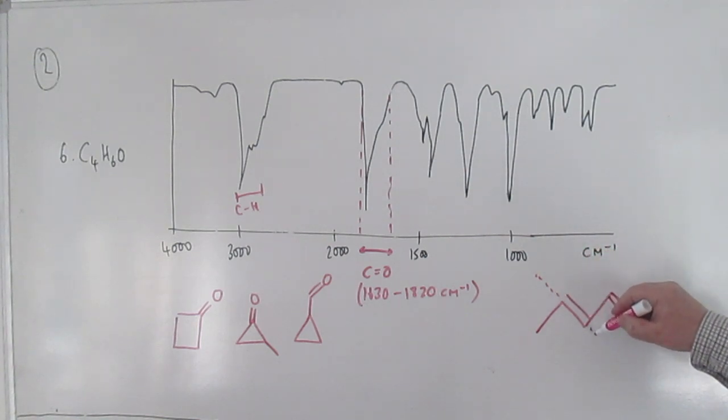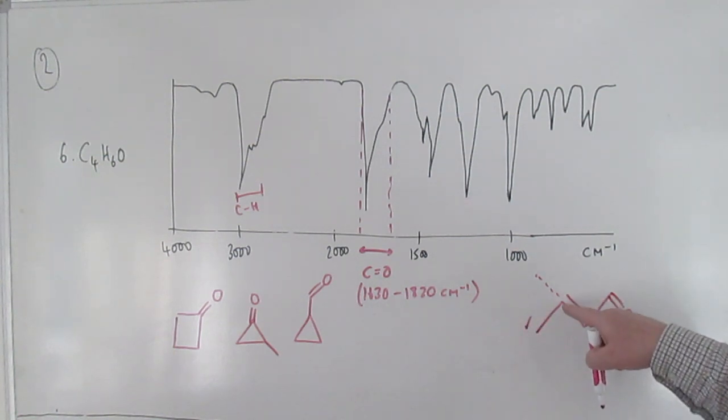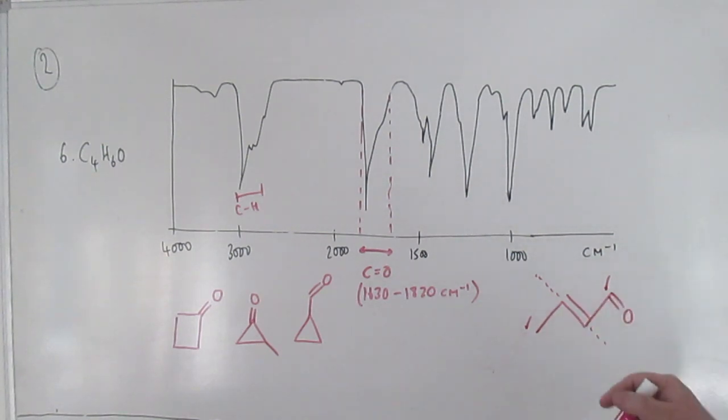And if you run down there, the priority group is the one with the bigger atomic number of the attached atom, so that's going to be there because carbon beats hydrogen, and there because carbon beats hydrogen, so they're on opposite sides, so that's the E isomer. And you could have this one, which would then be the Z isomer. So that would be the possibility that's an alkene rather than having a ring.